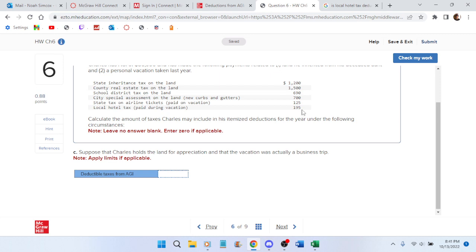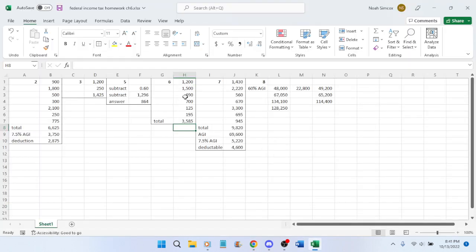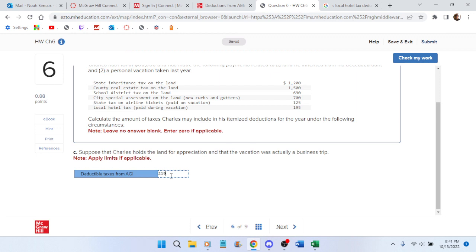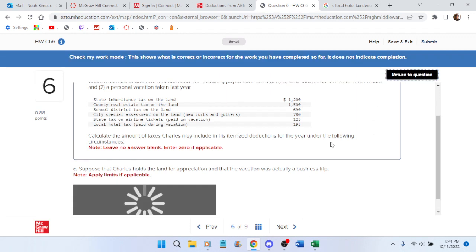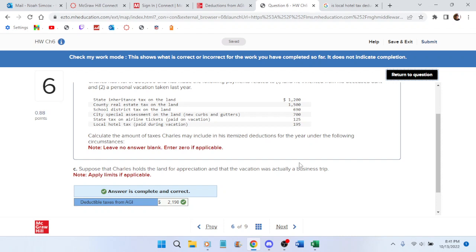So, you know what I haven't tried yet is these two. Have I tried those two yet? 1,500 and 690. This plus this, 2,190. According to Google, oh my gosh! Oh my goodness!